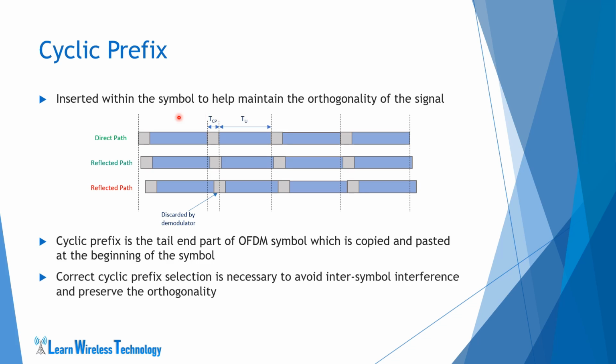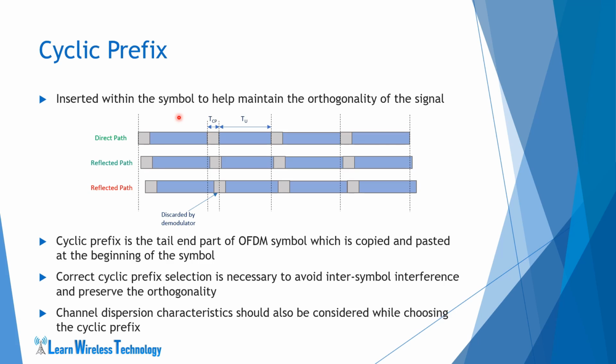Now, it is necessary to select the correct cyclic prefix as this ensures that the multipath components from the previous symbol fall within the effective guard time at the start of each symbol, which can be discarded. This helps in avoiding intersymbol interference and preserves the orthogonality. Also, while choosing the cyclic prefix, the channel dispersion characteristics should also be considered.